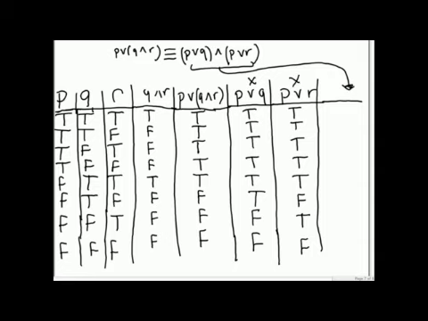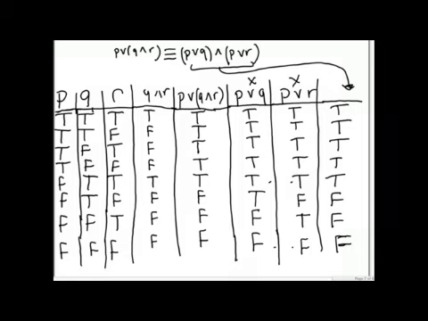We're going to have true and true, which is true, true and true, true and true, true and true, true and true, and then true and false implies a false, false and true gives you another false, and then false and false gives you another false.